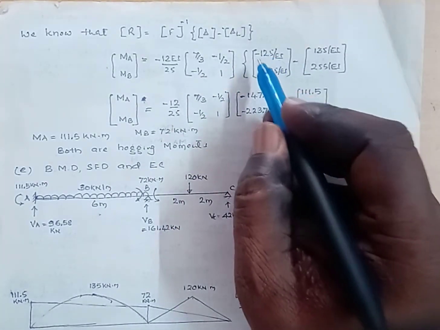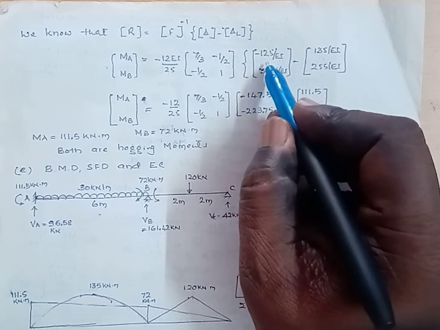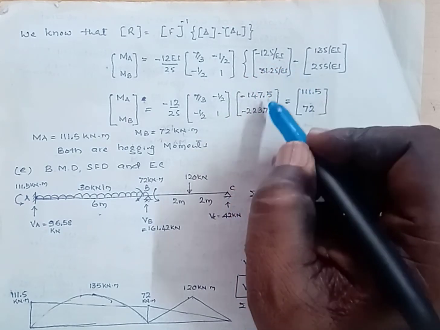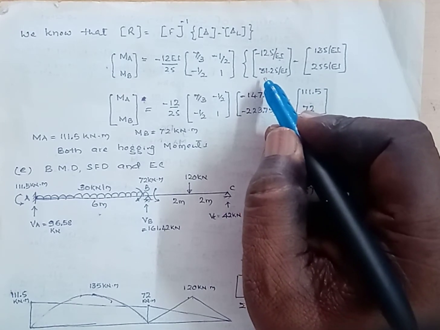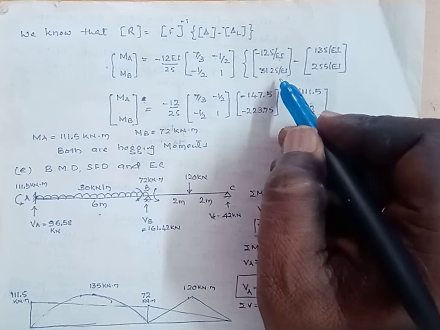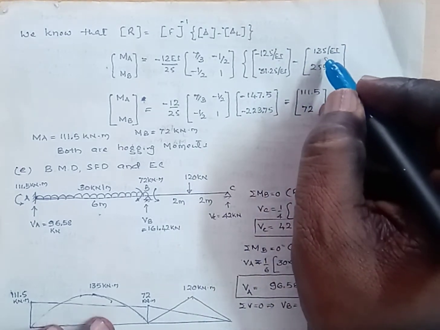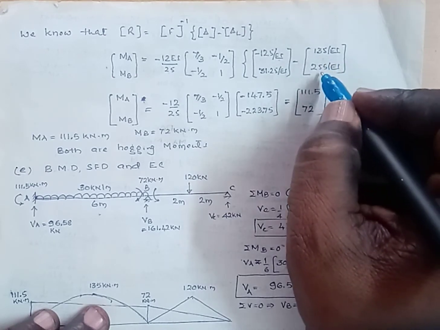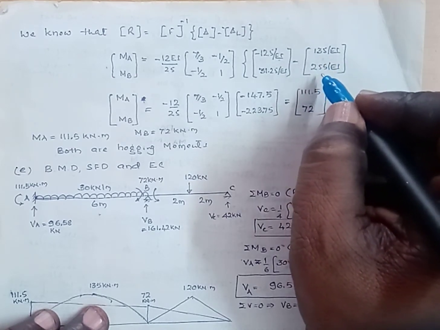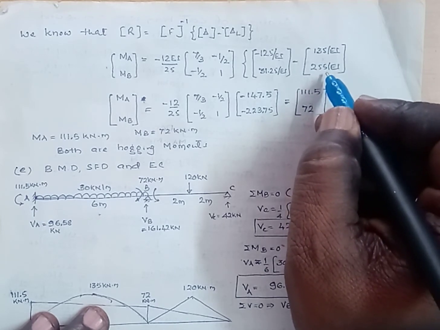Then we have calculated the displacements at coordinate 1 as 12.5 divided by EI. At 2, the displacement is 31.25 by EI. Then minus the displacement at 1 due to the load, that is 135 by EI, and the displacement at 2 due to the applied load, that is 255 by EI at coordinate 2.